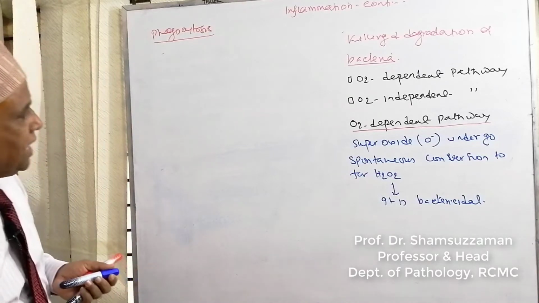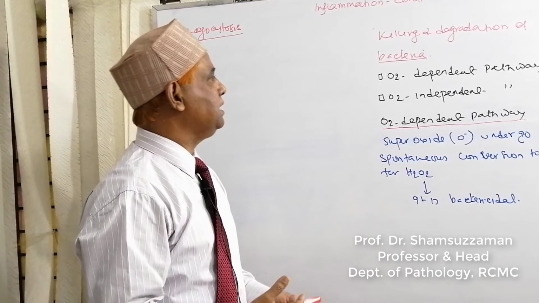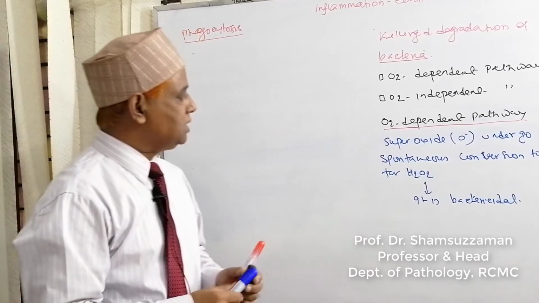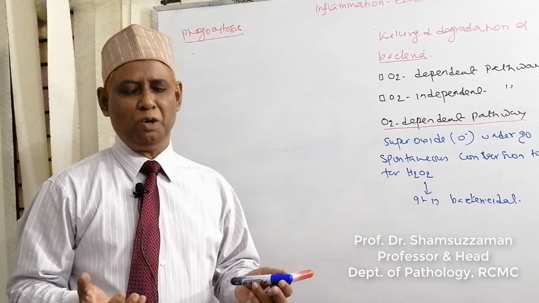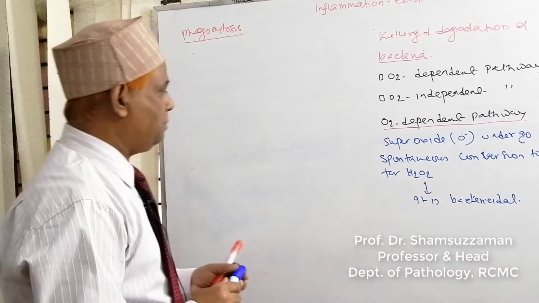How does this hydrogen peroxide cause lysis of the bacteria, or killing and degradation of bacteria? This lysis may be myeloperoxidase dependent and it may be myeloperoxidase independent also.